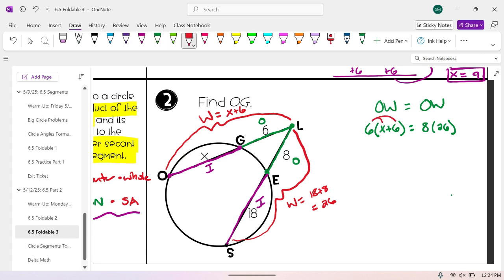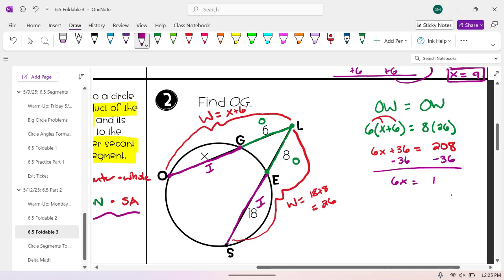So we distribute over here and we multiply over here. So this will be 6x plus 36 is equal to 208. All right. What's my next step? Subtract the 36 from both sides. I get 6x is equal to 172.